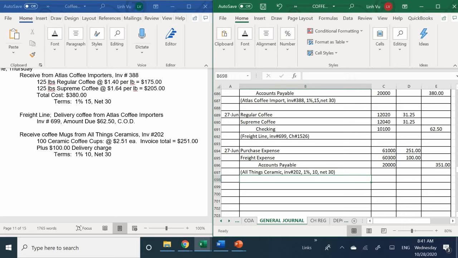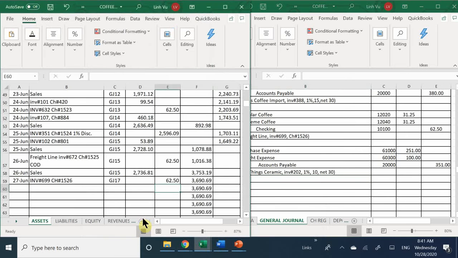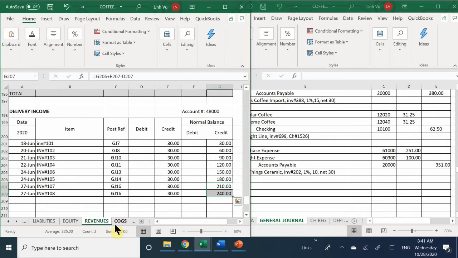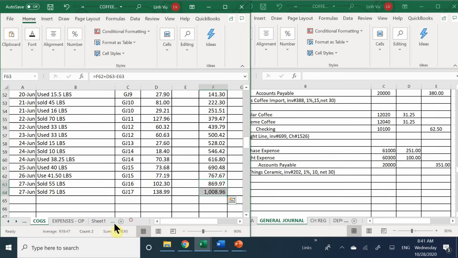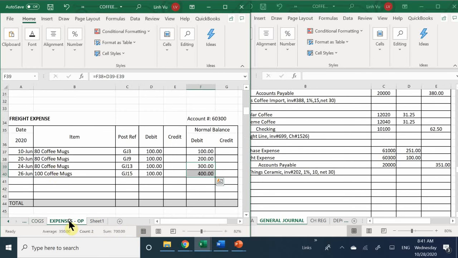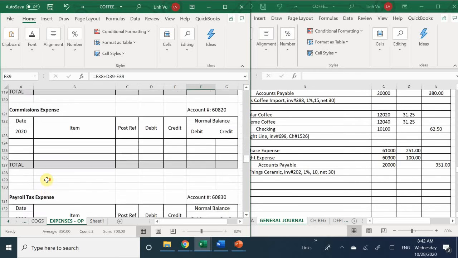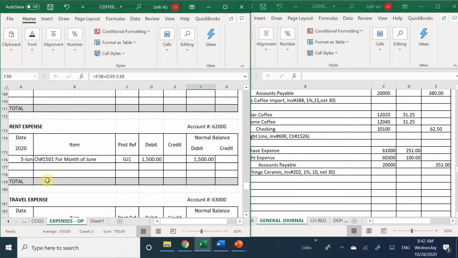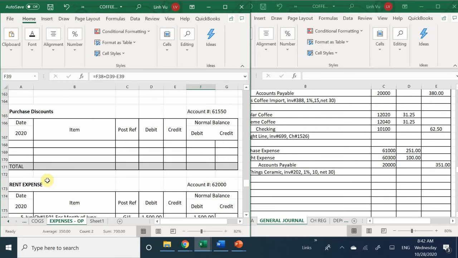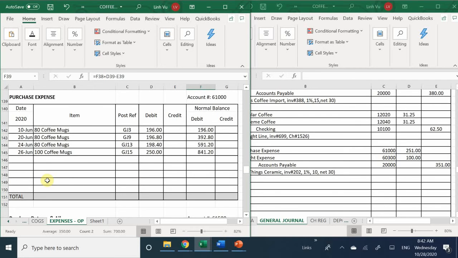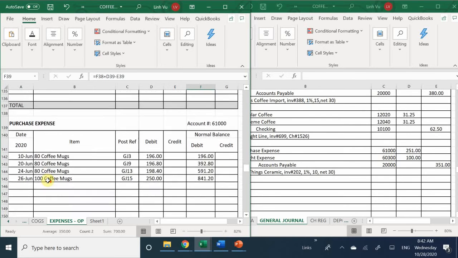Then to the ledger, under expenses. Purchase expense, payroll, travel. So here we are, purchase expense.